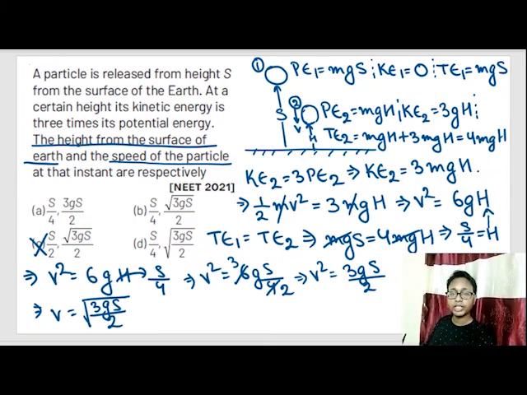So the correct option is option D: s by 4 and root over 3gs by 2.